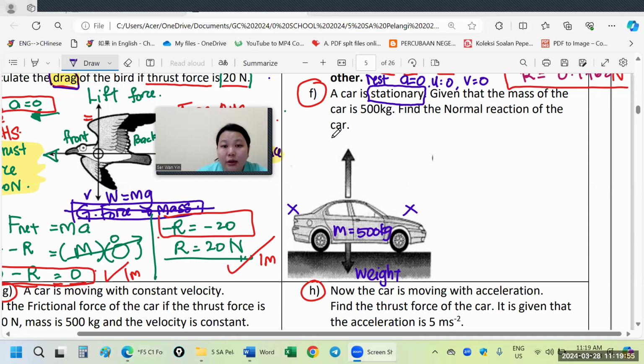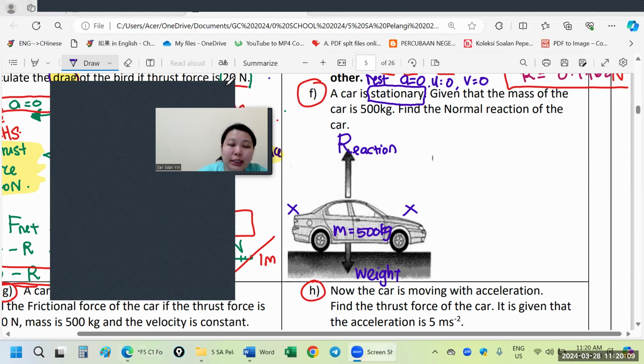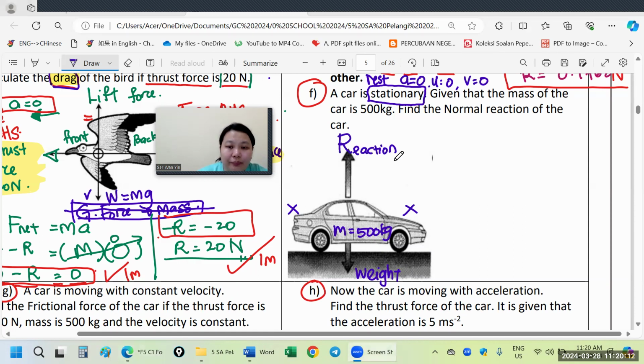Yeah, thank you. It's normal reaction or reaction force. So some books write N, but our books write R. So actually here is reaction force. Can say normal reaction, can say reaction. Okay. So let's say this is R, this is W. So now find the normal reaction. So same thing, let's start with net force equals to MA.